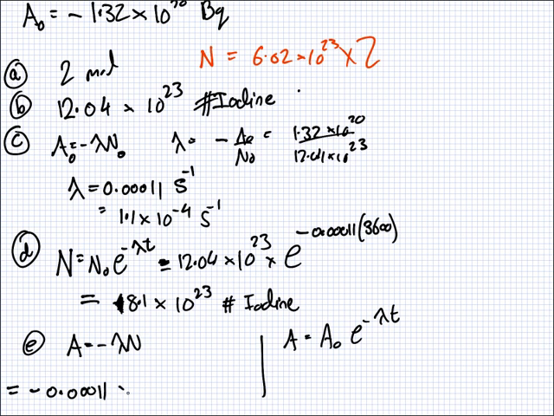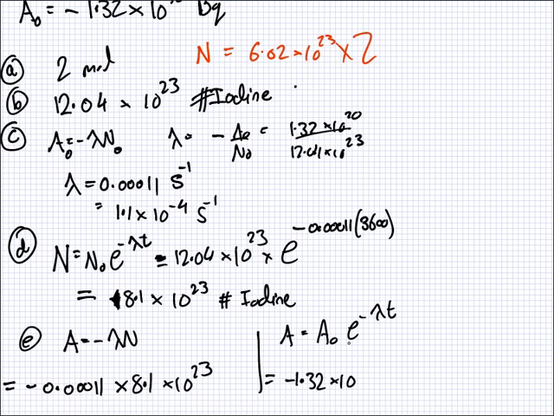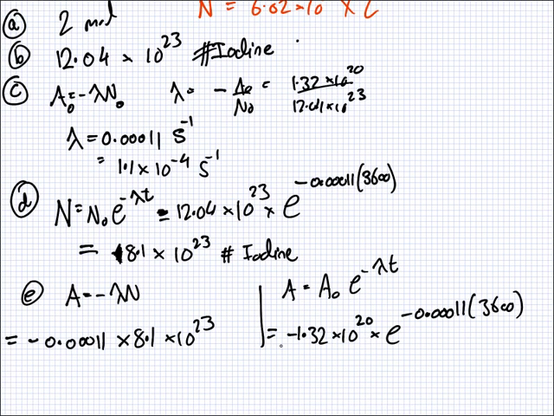This one here would be minus 0.00011 times 8.1 times 10 to the 23. And this one here would be minus 1.32 times 10 to the 20 times e to the minus 0.00011 times 3600. Summer, calculate the right, and Ben, you can calculate the left.